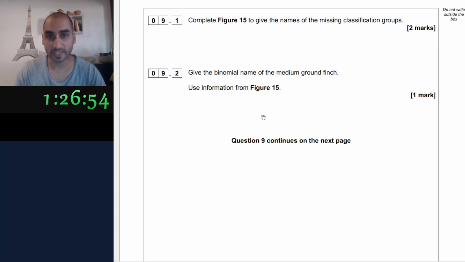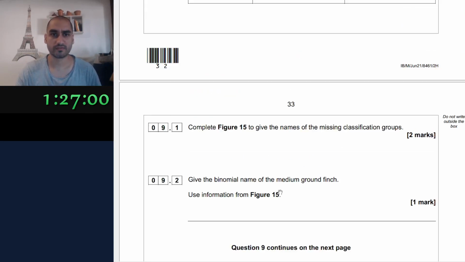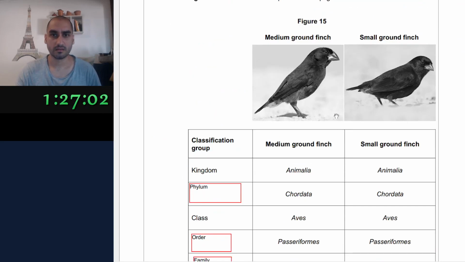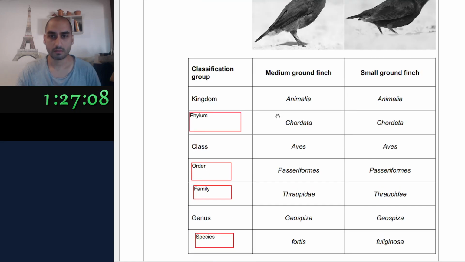Give the binomial name of the medium ground finch. Use information from figure 15. What do you mean binomial name? Is it the name where it differs?